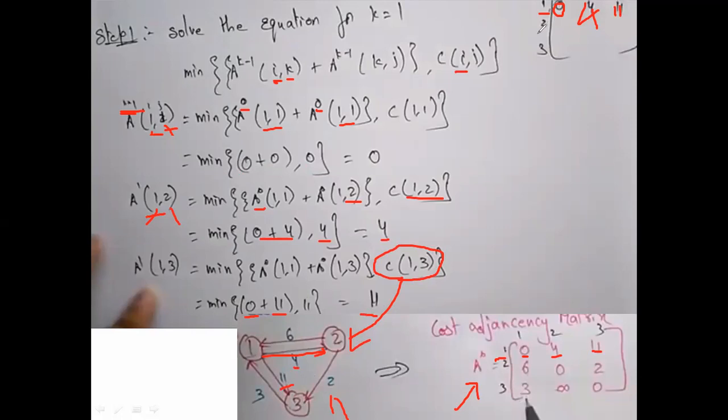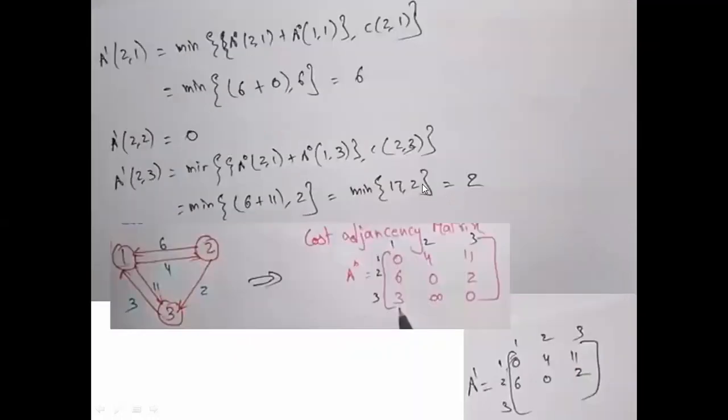Now again with k equals 1: (2,1), (2,2), (2,3). Applying this formula, what is (2,1)? (1,1) is 0, and (2,1) from the graph, 2 to 1, is 6.